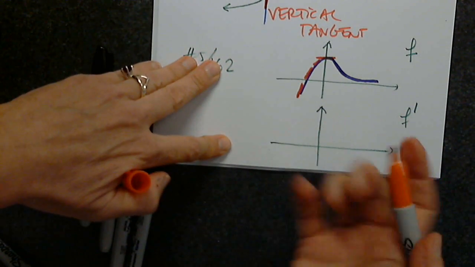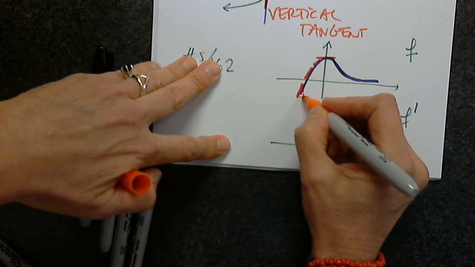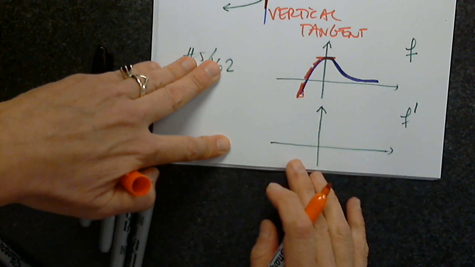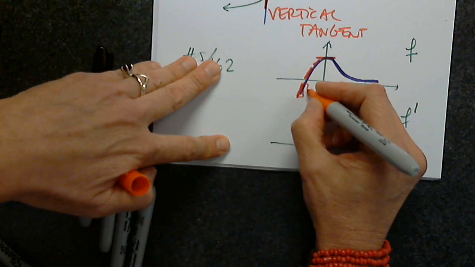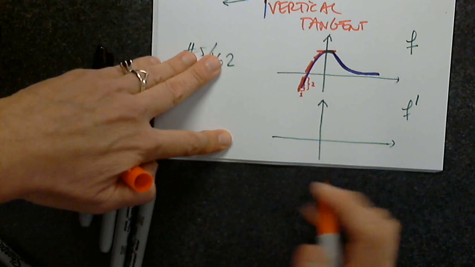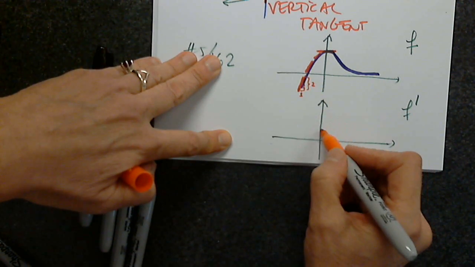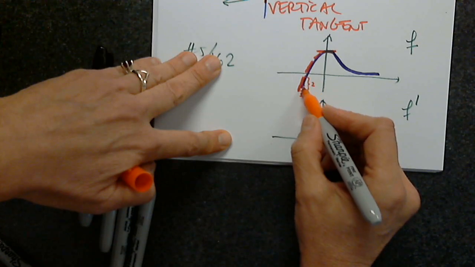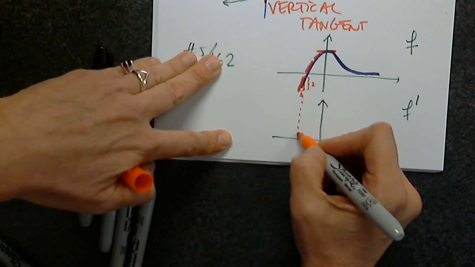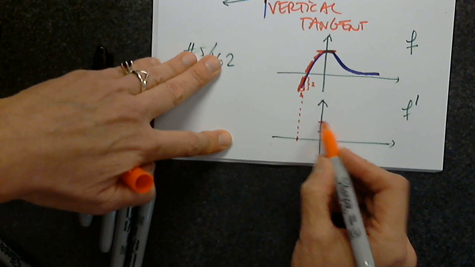Difficult to estimate, especially from my graph. I'm going to imagine that I draw a right triangle. This appears to be 2 and this appears to be 1. So 2 over 1 for the slope, I'm going to say is 2. So at this x value, I will graph 2.